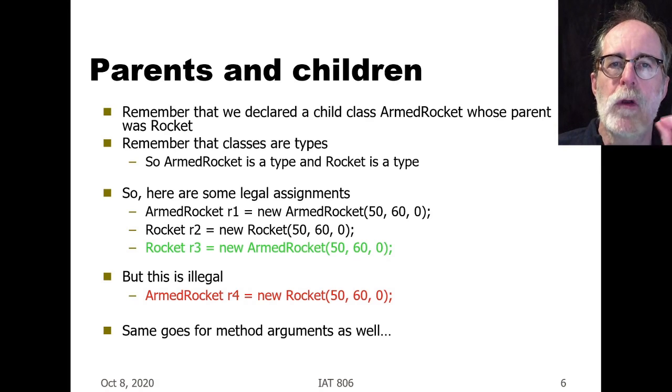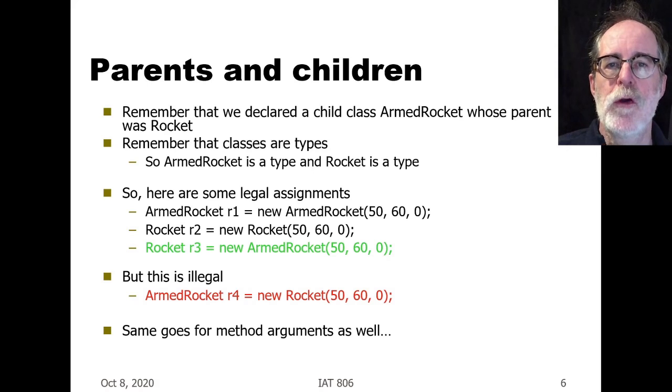Therefore, an ArmedRocket is a Rocket. That formulation is very important in object-oriented programming. It helps you understand the relationship. Because ArmedRocket extends Rocket, as we recall from the other day, an ArmedRocket is a Rocket. It has all the facilities of Rocket inside it.